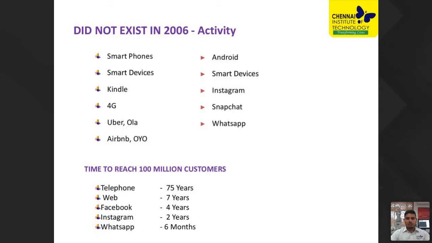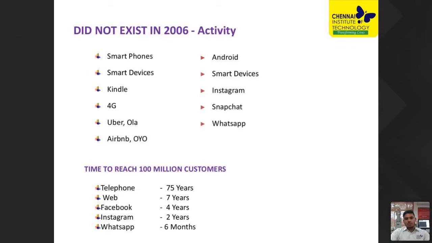And you can see this Android. Somebody in the community might have used smartphone devices, I mean normal mobile phones, in 2006, but most people would not even have had mobile phones in the early 2000s.